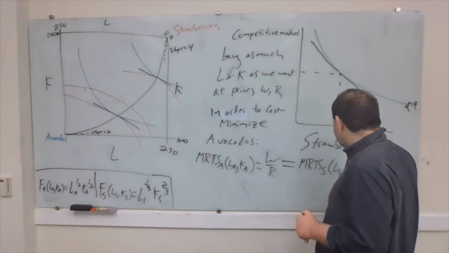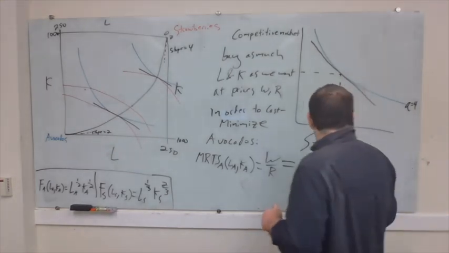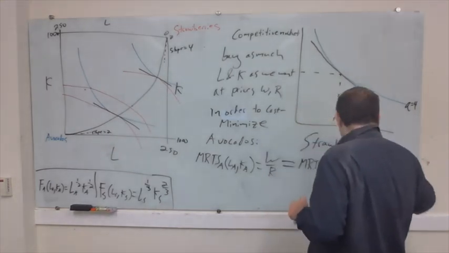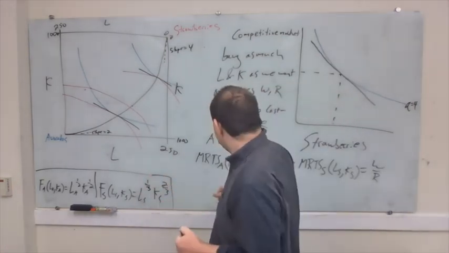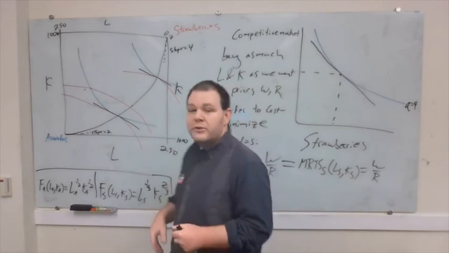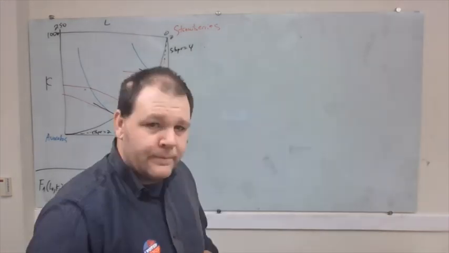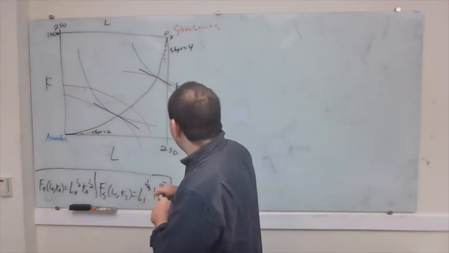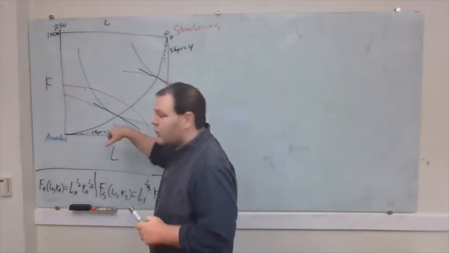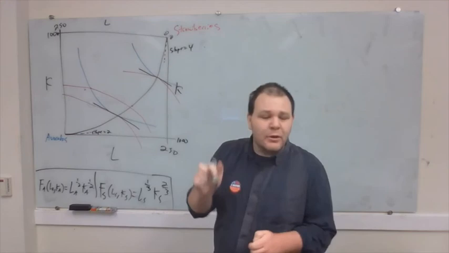When capital becomes more important for strawberry producers, they're going to choose more capital to equal W over R. That's going to increase the cost of land relative to the cost of labor and push avocado producers to use more labor. So both avocado producers and strawberry producers are going to be reacting to the relative price of labor and capital.